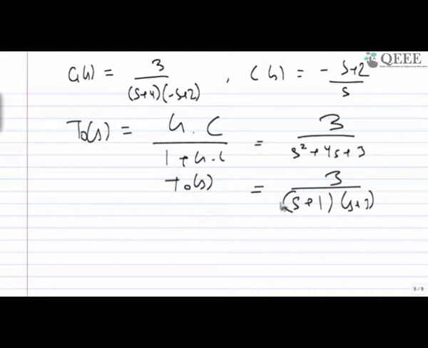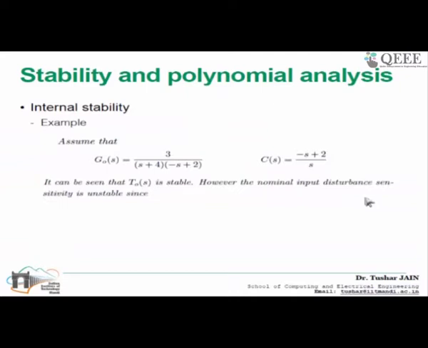I see that the roots of the denominator polynomial lie in the left half of the s plane, meaning that this is stable. But what about the internal stability? If the system is entirely stable, for this we need to compute all the sensitivity functions.